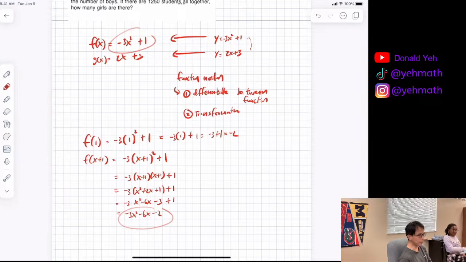So what's the difference between -3x squared plus 1 and -3x squared minus 6x minus 2? It seems like a completely different equation, right? But pay attention to what the graph does. So I'm graphing f of x and f of x plus 1. That is a key thing for you guys to understand.